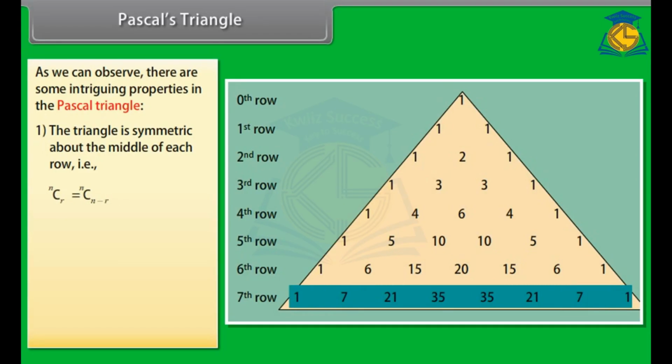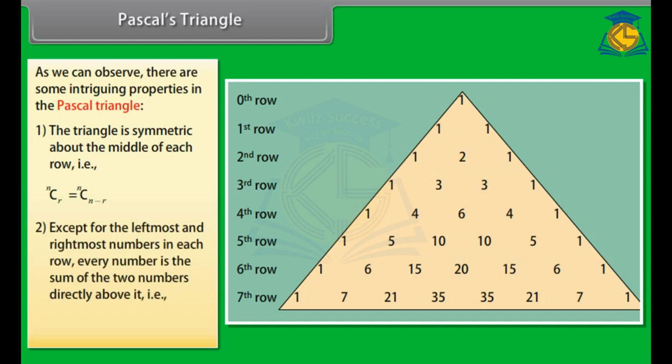That is, nCr is equal to nC(n−r). Except for the leftmost and rightmost numbers in each row, every number is the sum of the two numbers directly above it. That is, nCr is equal to (n−1)C(r−1) + (n−1)Cr.